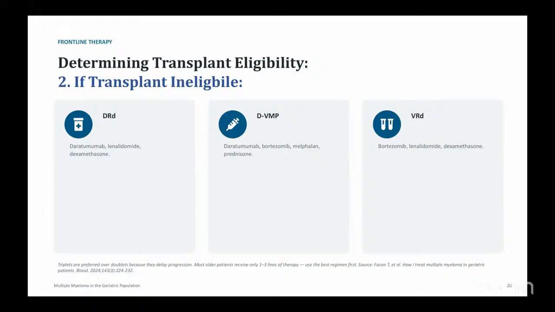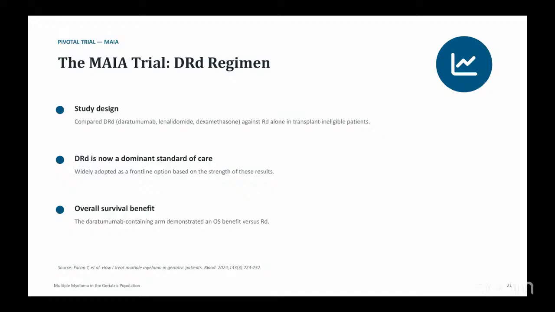This is when it comes to multiple myeloma in general. However, in geriatric patients, efficacy has to be balanced against toxicity. So the regimen that produces the best response on paper isn't necessarily the best regimen for a frail 85-year-old patient. Therefore, a multidisciplinary team needs to choose the most effective regimen that the individual patient can actually tolerate.